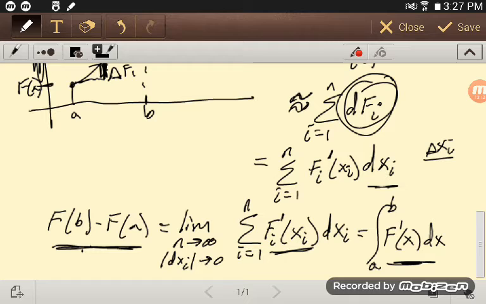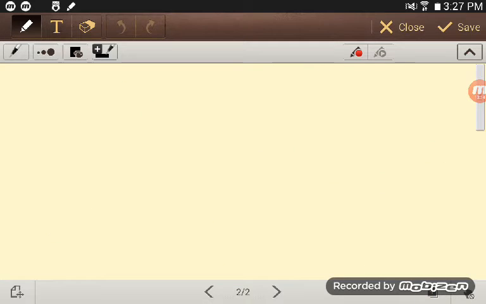So just as a quick example, suppose we have a relatively simple case here.